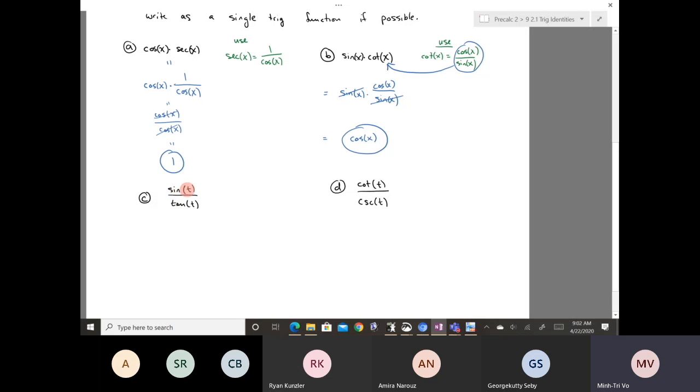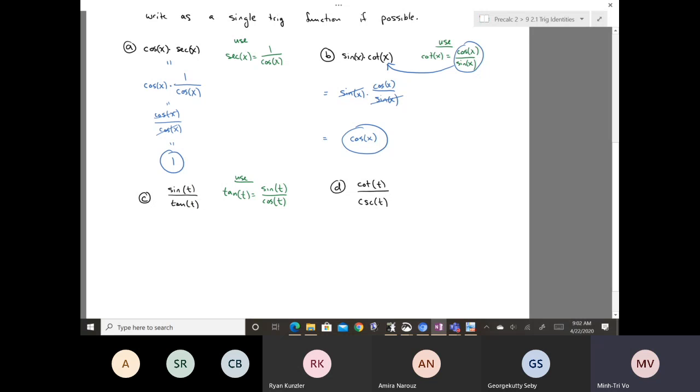Well, I have sine, which is okay. I don't need to do anything with the sine, but then I also have tangent. So I want to use an identity for tangent. So tangent, let me change to green, tangent is again the same as sine over cosine.